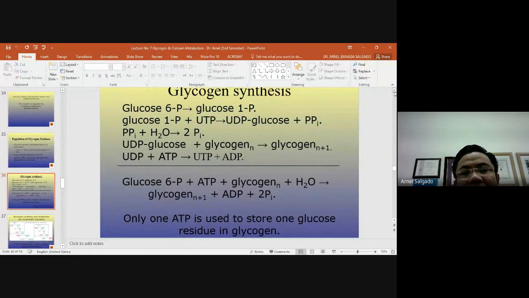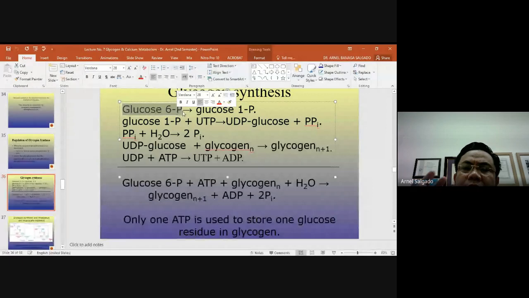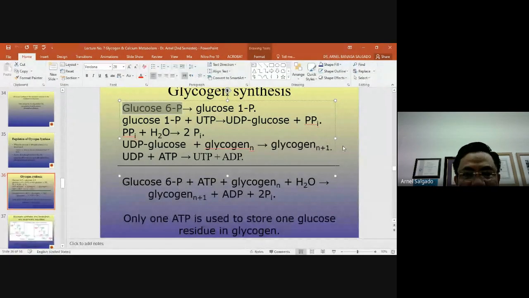You can see now. So you are familiar with this. Now this is the byproduct, the glucose 6 phosphate. Again, if we're going to synthesize glycogen, in a similar way, the glucose 6 phosphate will be converted into glucose 1 phosphate.